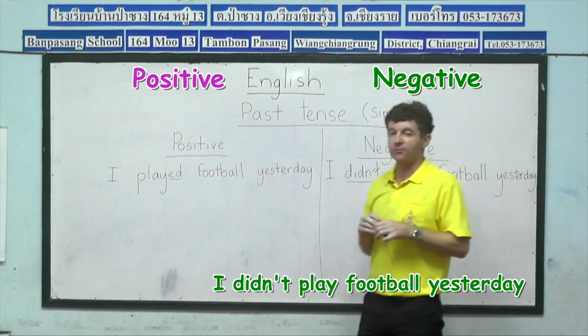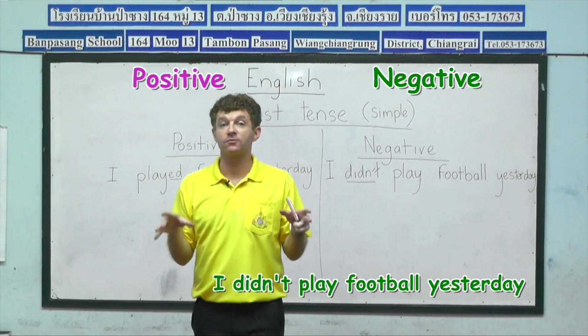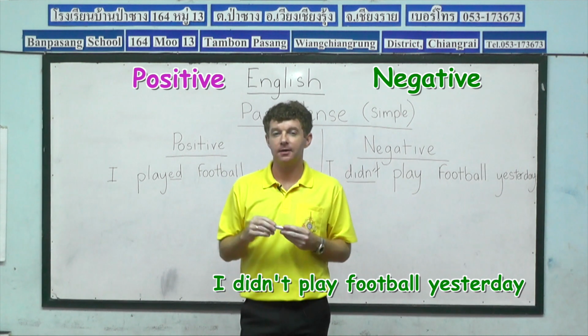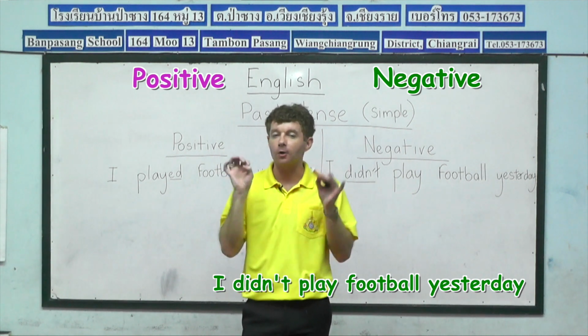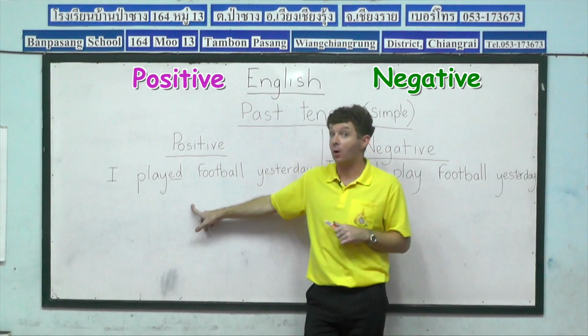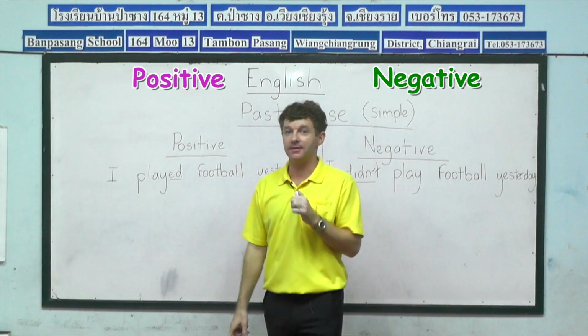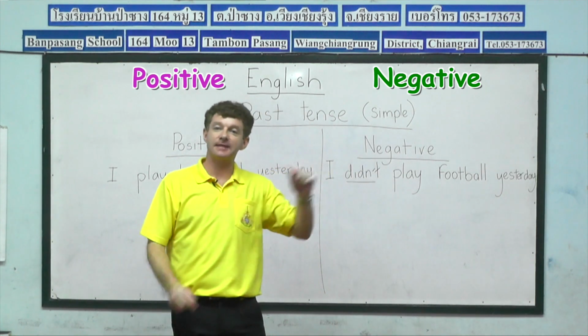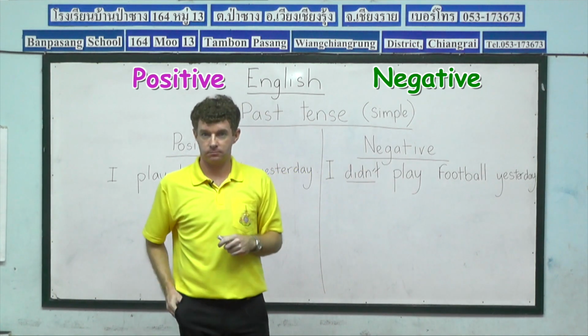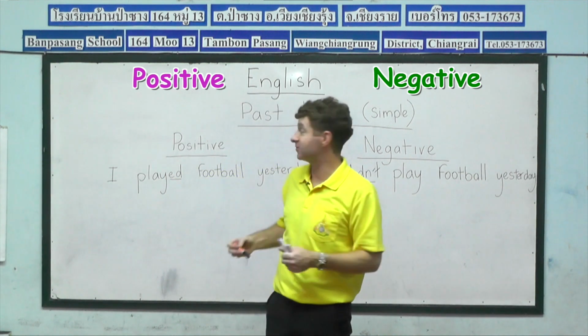And what we're going to do now is we're going to do a little activity so our students can show their understanding. I'm going to ask my students to close their eyes. Then I will write a positive statement on the board. The student who has the pen will have to write that statement in negative form. So let's see, first of all, I need to write a positive statement.